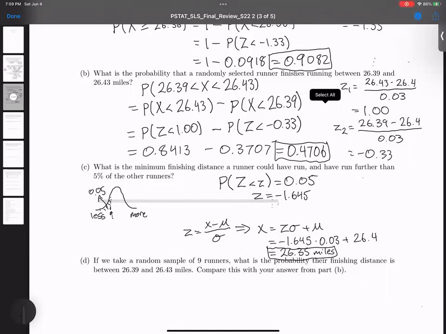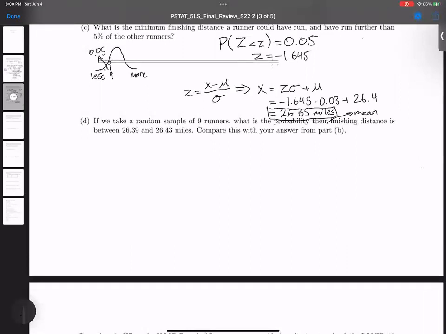So if we take a random sample of 9 runners, we want to know what is the probability that their mean finishing distance is between 26.39 and 26.43. Otherwise, it doesn't really make sense if we're not talking about a mean, because if we have 9 runners and we're saying what's the probability that their finishing distance is between some number, there's 9 of them. So there's 9 different numbers. That doesn't really make sense. So we need to take the mean.